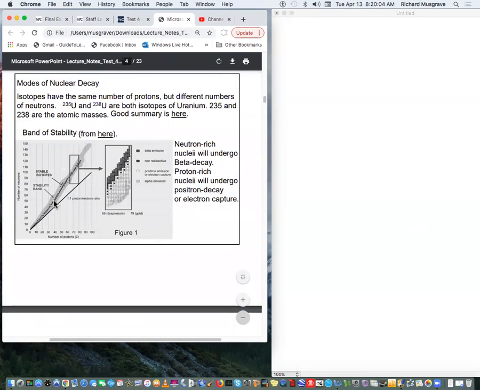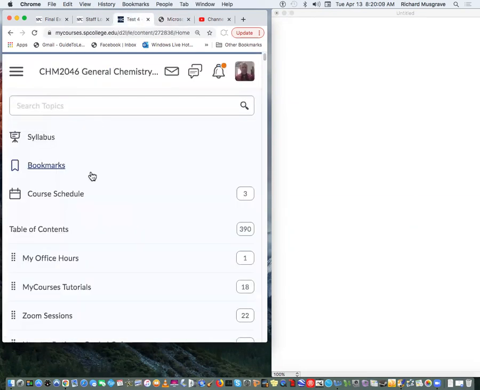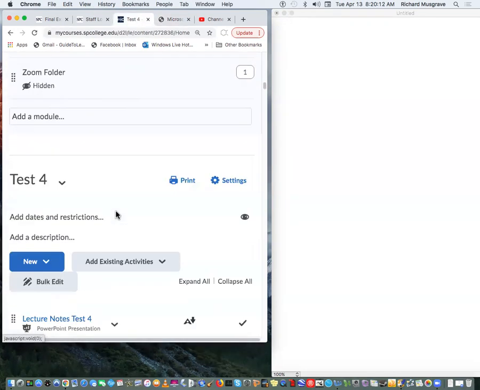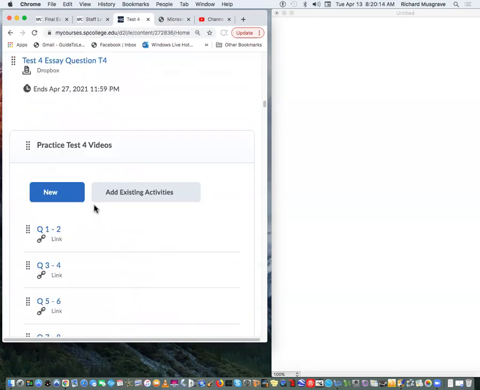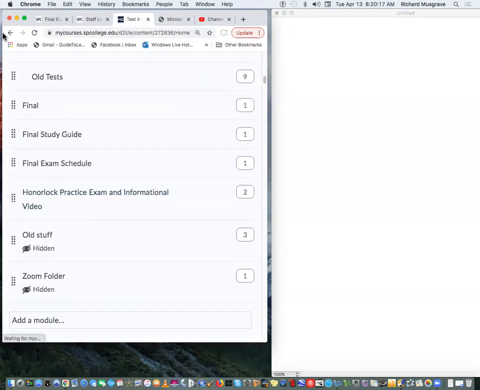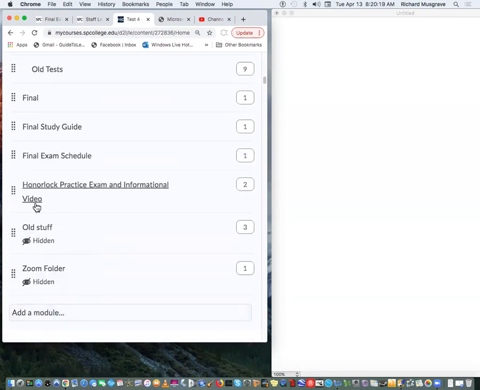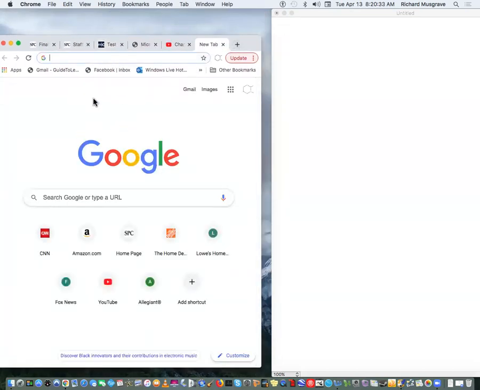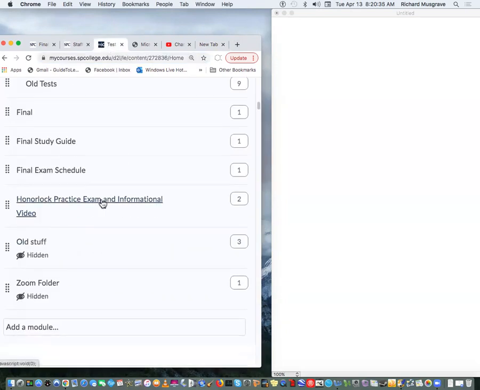All right, so let's talk about, first of all, what's going on with the periodic table. So I need to pull up a periodic table here. I wonder if there's one in test 4. There may not be. Actually, I'll just find one on the internet, I guess. Actually, what I'll do, I will open up my courses here, and I'll go to the test.